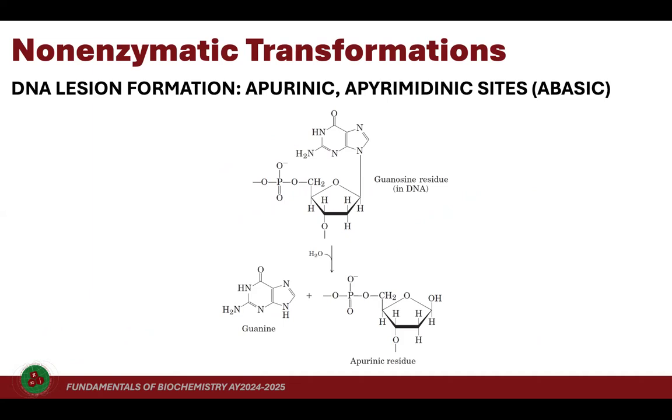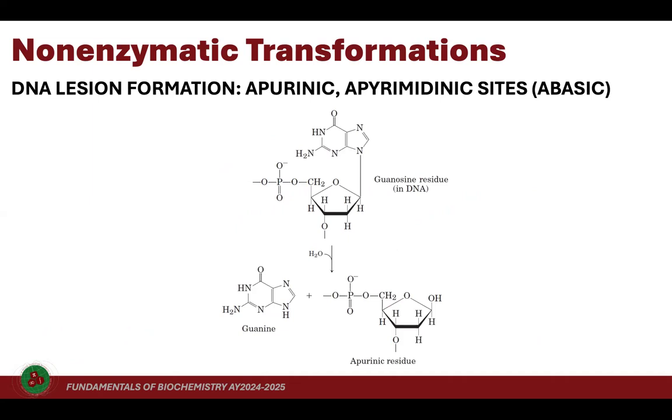Next is lesion formation. When we say lesion, this refers more to the physical consequence. It's the consequence of the transformation to the physical structure of your DNA molecule. That's what we mean by lesion.